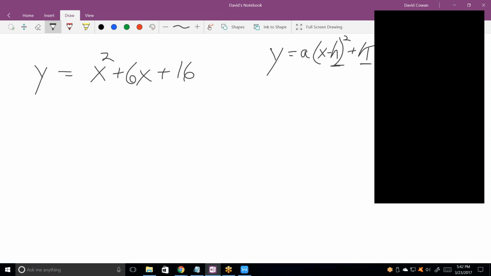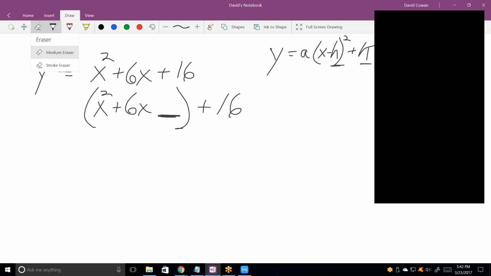It would be, let's see. So it would be y equals parentheses x. Hold on. Don't ignore this step. Set the 16 way over here to the right and leave space to complete the square. At this point, I have not changed anything.